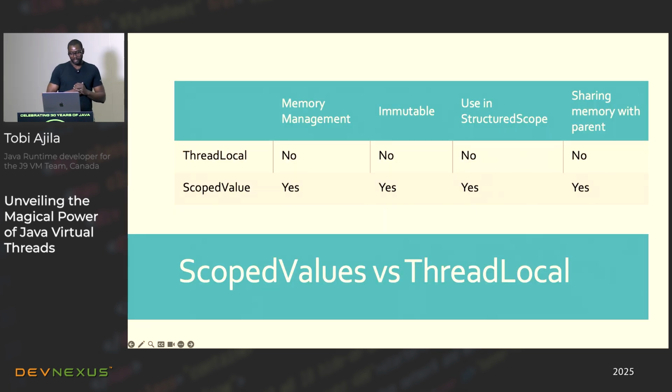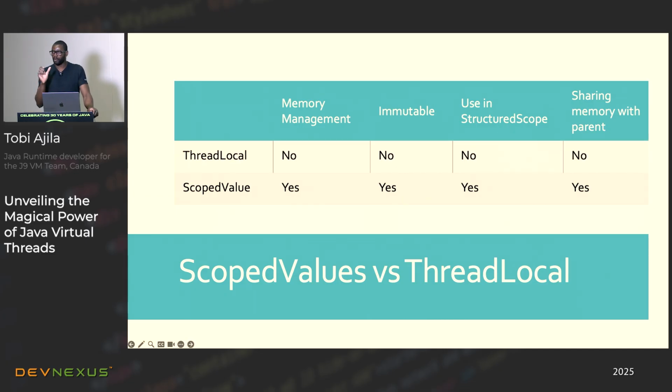Overall, if we compare scoped values and thread locals, scoped values have built-in memory management because their lifetime is bounded. Whereas with thread locals, there's always a risk that you might have a memory leak if you forget to free that memory. Scoped values are immutable.